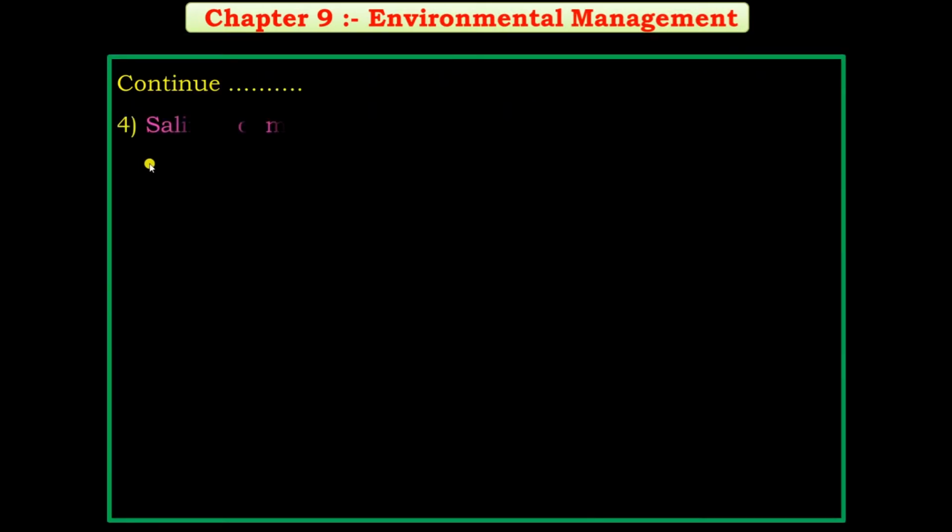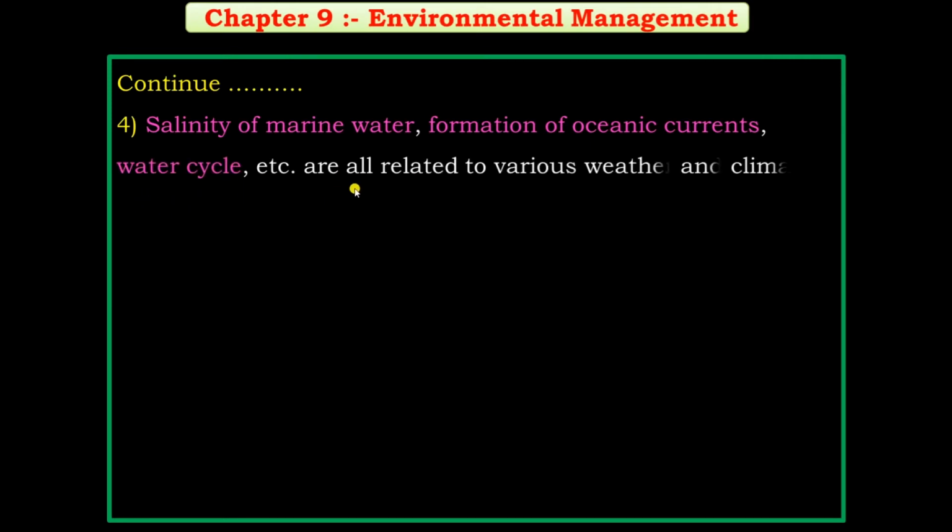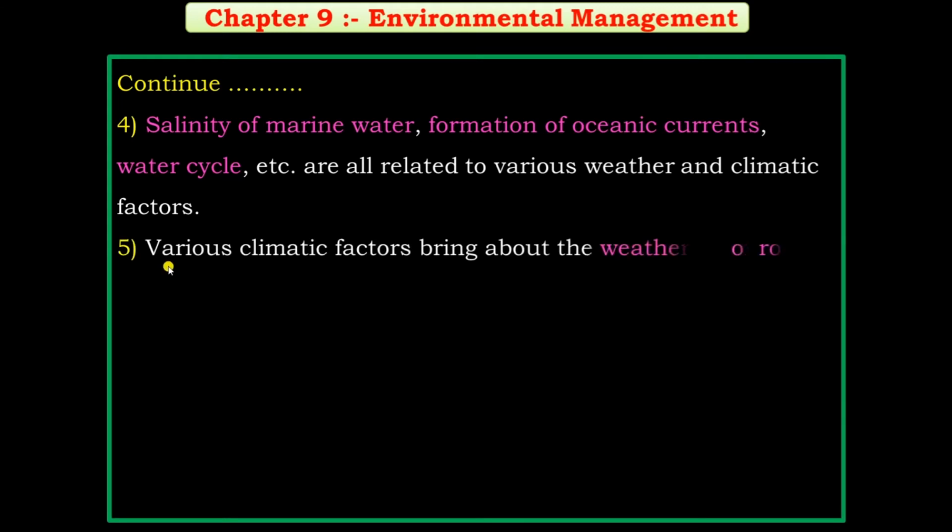Point number 4, salinity of marine water, formation of oceanic currents, the water cycle, etc. are all related to various weather and climatic factors. Point number 5, various climatic factors bring about the weathering of rock in the earth's crust.